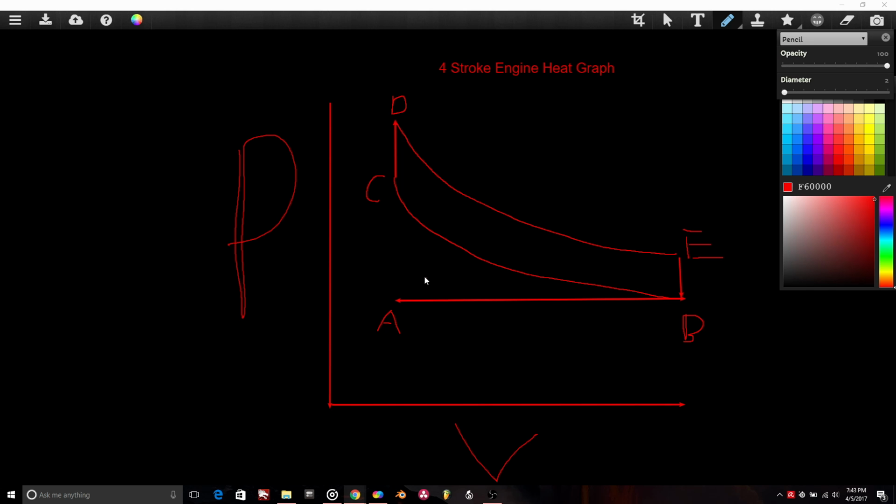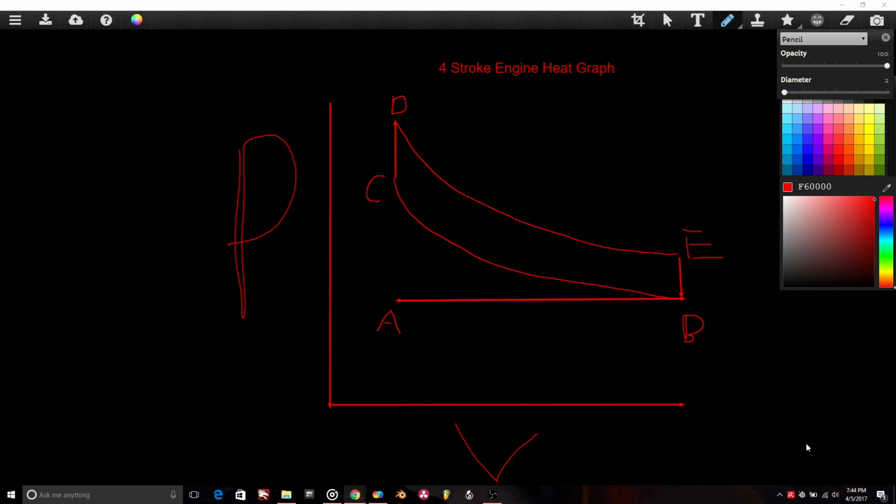Now we're just going to talk about the last part of a heat engine, the exhaust stroke, or we call it the exhaust. This is a very important process because without this, nothing would be running because the gases would just be stuck in the engine forever. This one is pretty easy to explain.